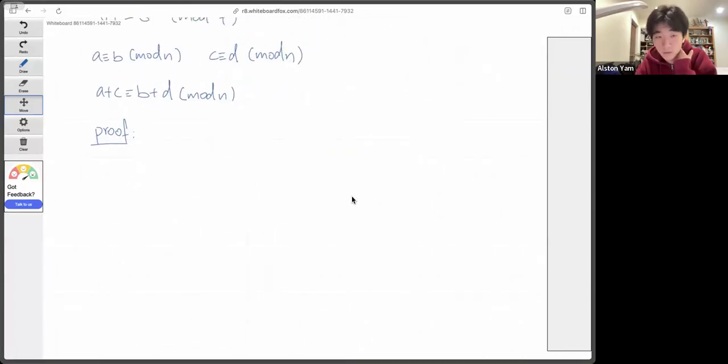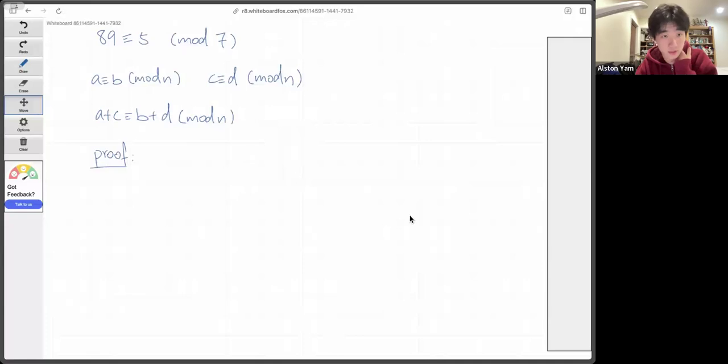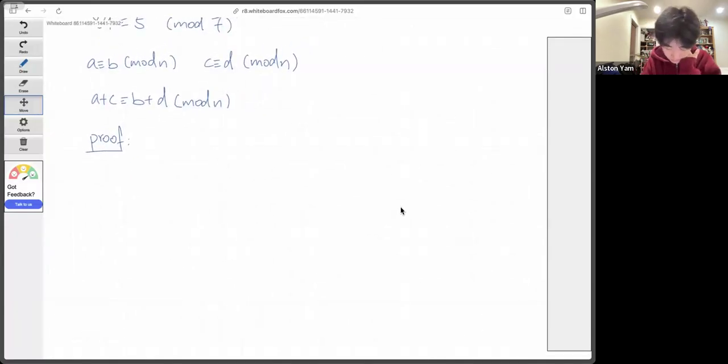What I'm going to do is go back to the definitions. Because we know A and B are just some random integers that happen to have the same remainder when we divide by n, let's write it as just that using the division algorithm, right?